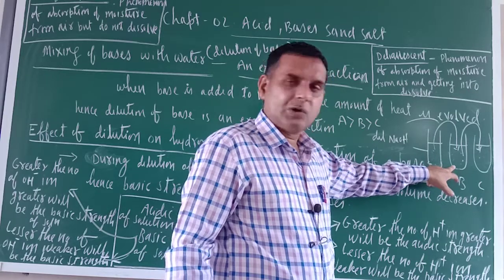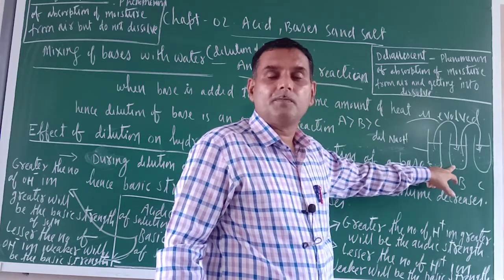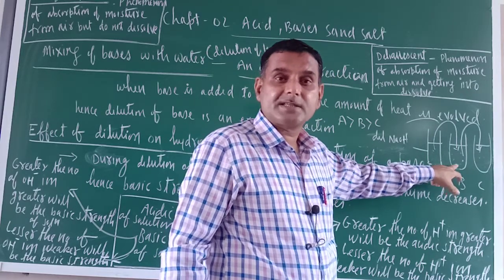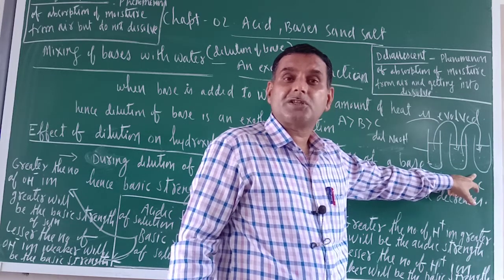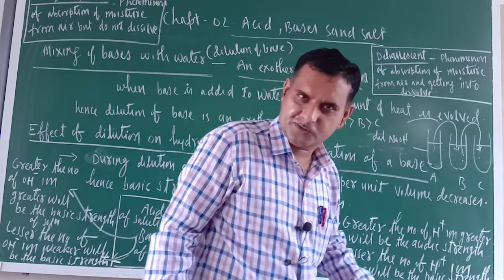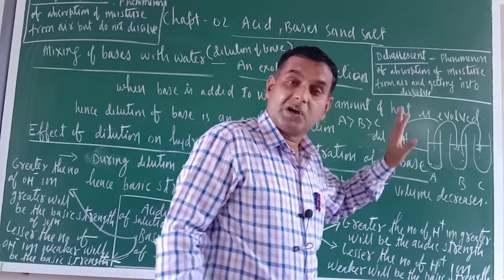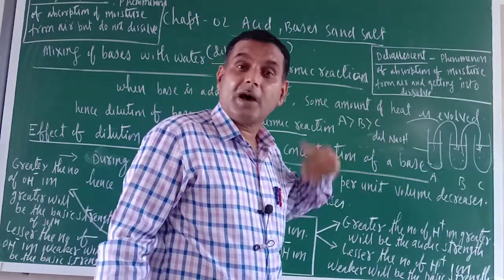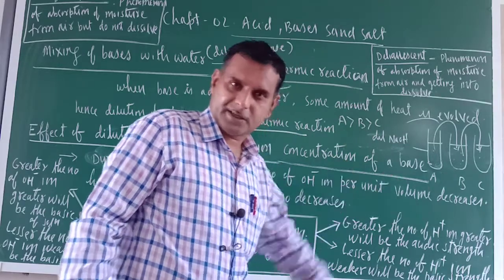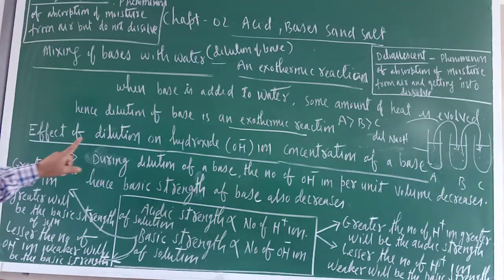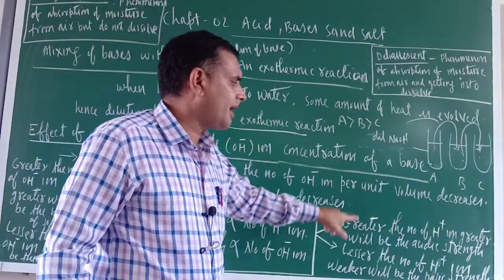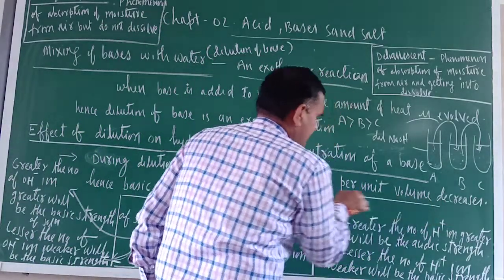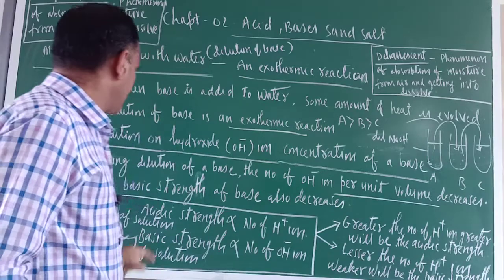When you dilute, per unit volume OH negative ion will be less. In test tube C, it is further reduced, because you keep on adding water. So during dilution of a base, the number of OH negative ion per unit volume, this is the most important thing, decreases.